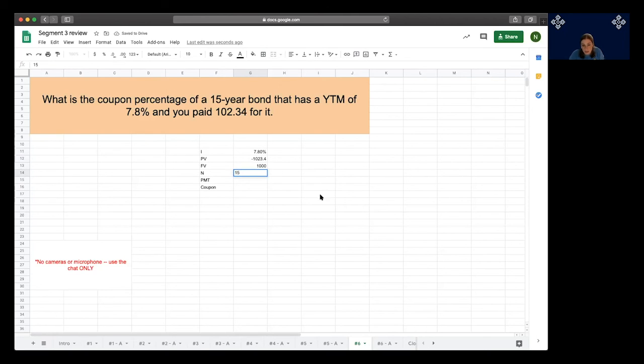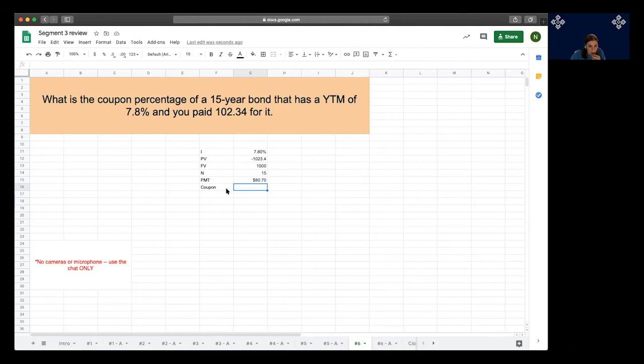Nothing has to be adjusted, so we're just going to solve for a payment. You take your rate, your number of periods, your present value, and your future value. You should be left with $80.70 for your payment.